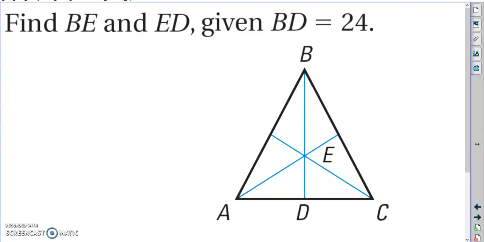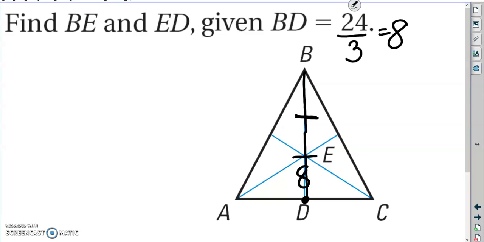So BD is 24. So it's BD. So that's the length of the entire median. So that means we can take that and divide it by the 3 equal parts, and that means that each equal part is 8 units long. So how do we split it up? We start at the median. The median to the centroid is 1/3, and the centroid to the vertex B is 2/3, so we split that in half.